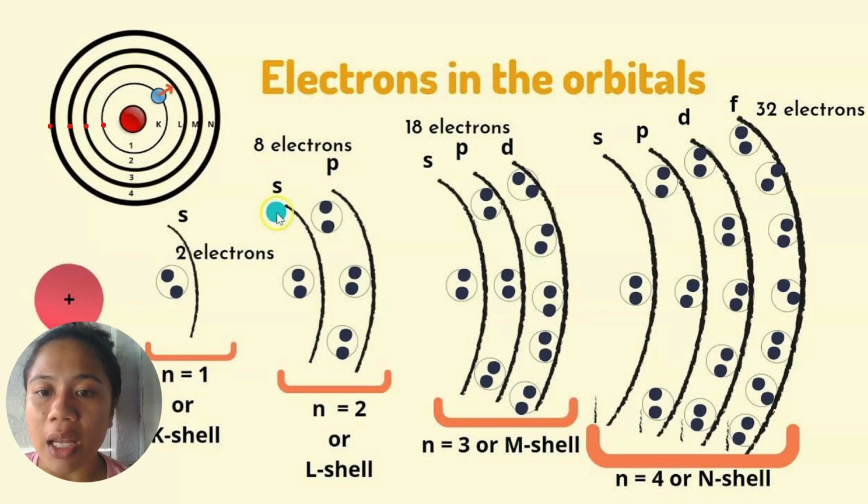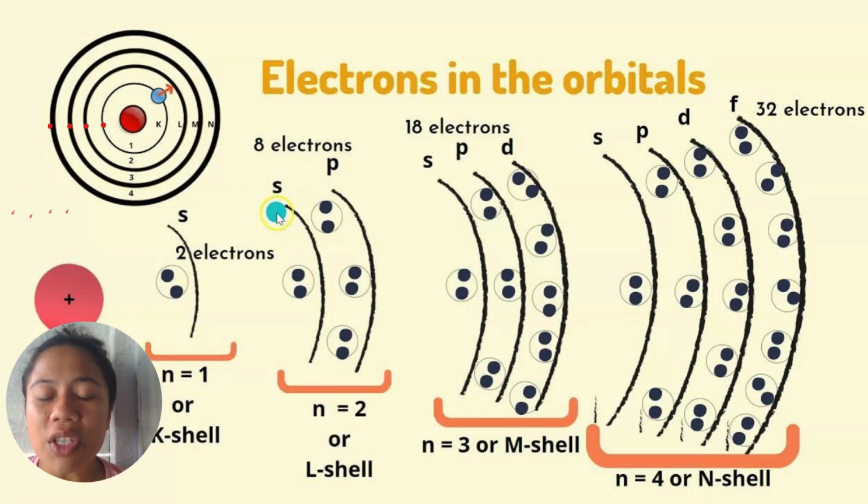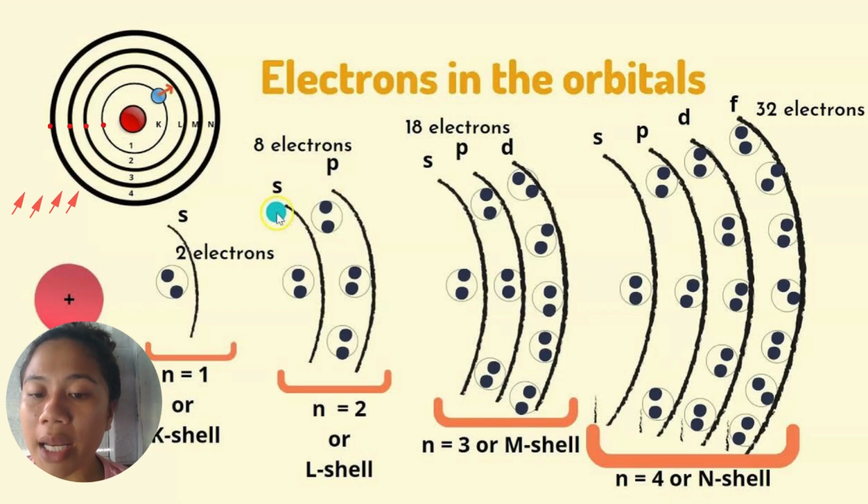For that one, K, L, M, N is what we call the shell. Then inside that shell, we have what we call subshells. For subshells, we have S, P, D, and F. Remember, subshells: S, P, D, and F. For the K shell, it only has one subshell, which is S. How many electrons does the S subshell carry?